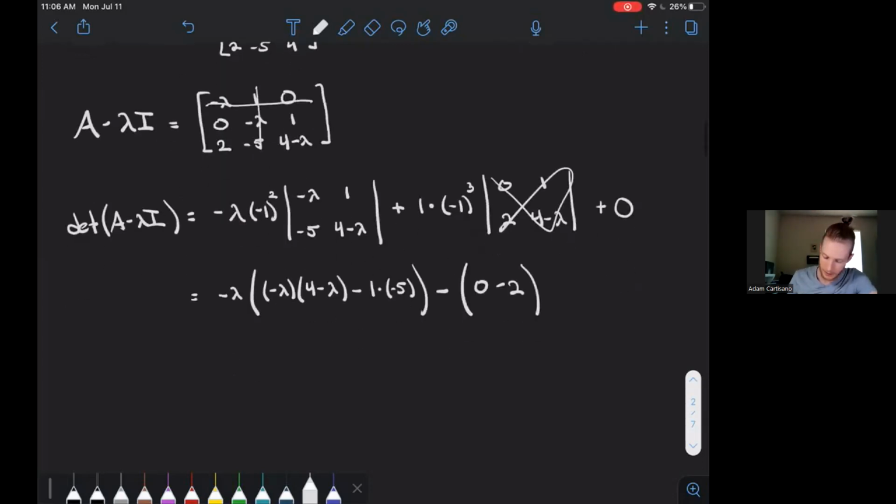Okay, we can keep going. So this will be negative lambda times lambda squared minus 4 lambda plus 5. Right? And then all of that plus 2.